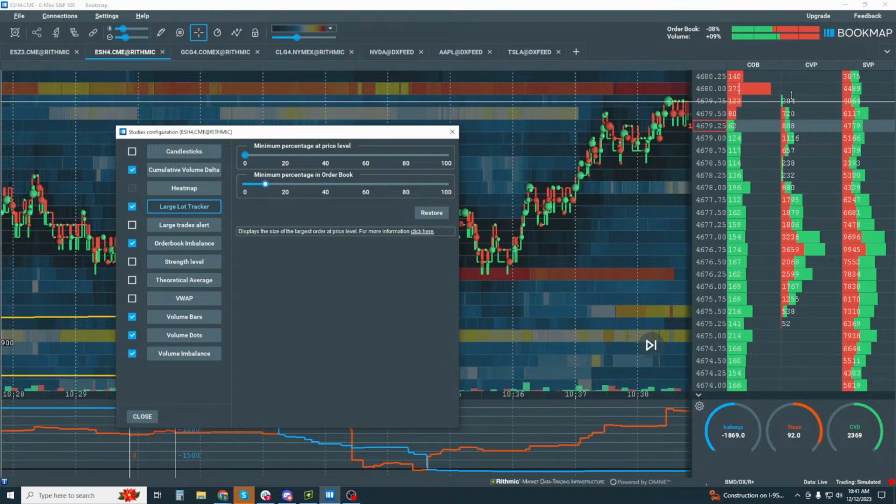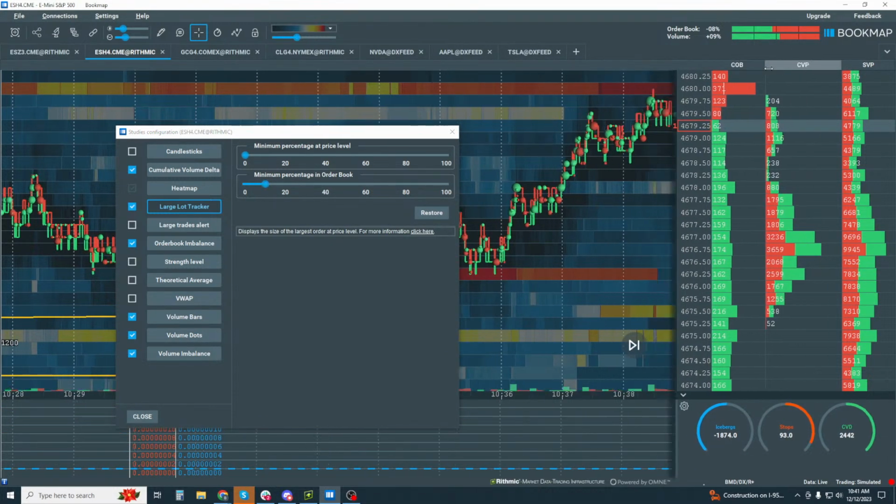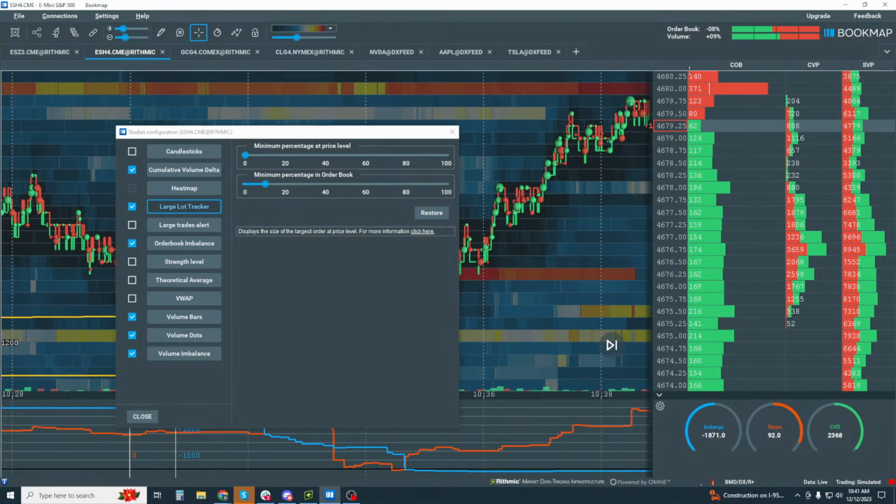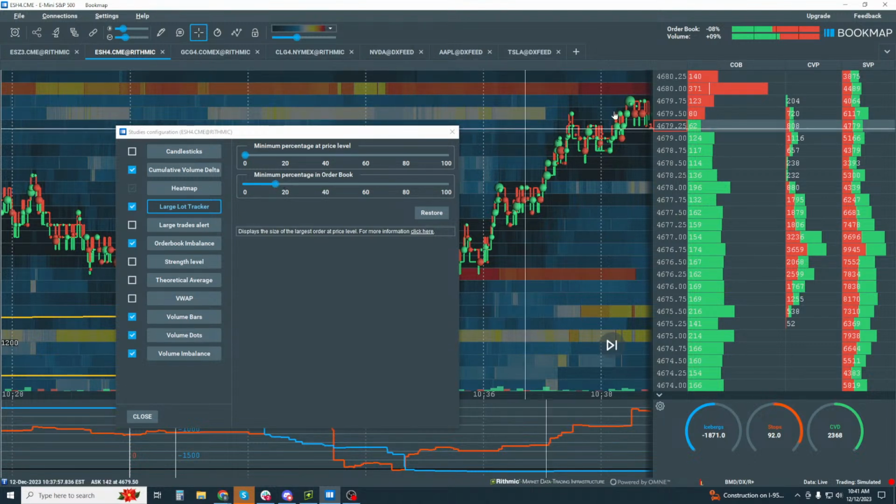The way it works is it takes the width of the column, from here to here, and that has to be at least 10, 20% or whatever. So one is based on the minimum percentage of liquidity at that price level, and the other is for percentage in the order book, the column.